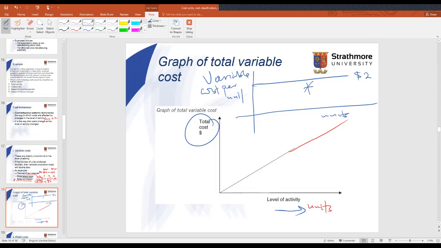However, the total cost is increasing in line with the number of units that we are selling. Is it clear? Question? Okay, that's on the variable cost.